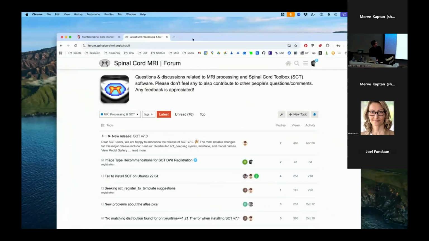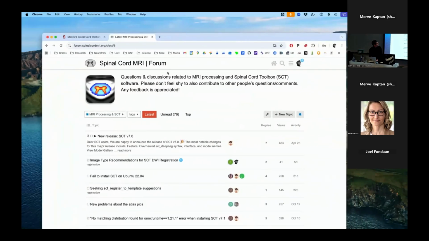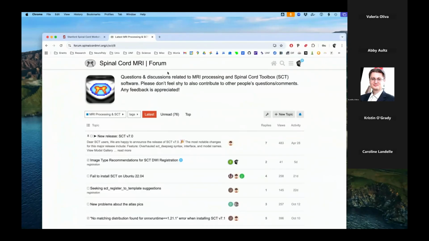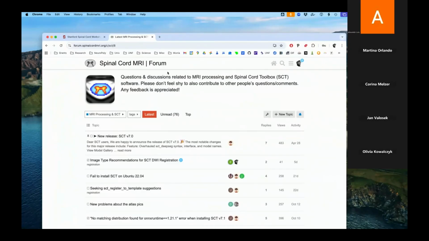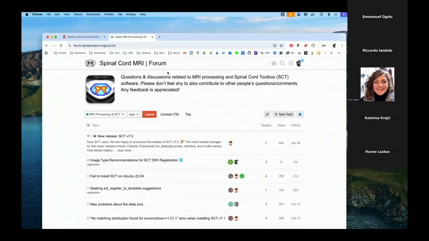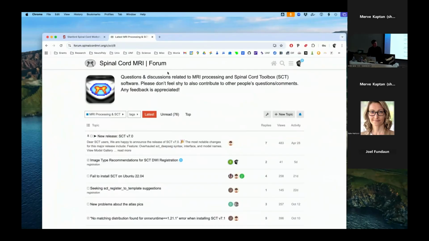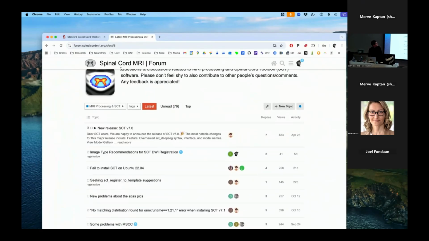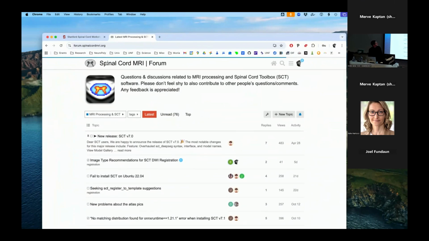Yes. Okay, good. So Discourse is a great forum technology. I don't know if some of you are aware of NeuroStars, but it's a very big forum for the neuroimaging community. It's the same technology, and it has categories. That's Spinal, that SCT.